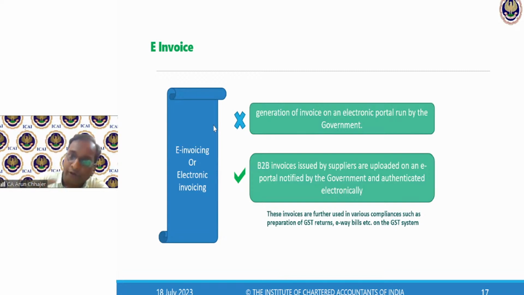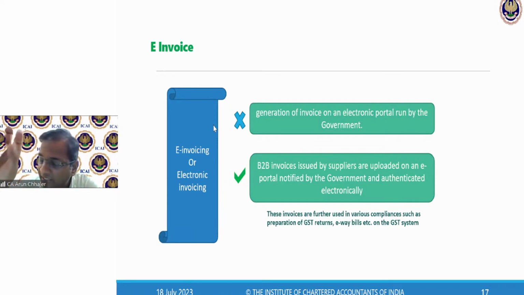Now this entire process, either you can do manually, or certain software companies are providing the integration facility with your accounting software and the government invoice registration portal IRP. Once you create the invoice in your accounting software, within a few seconds it will redirect and come back with IRN and QR code.